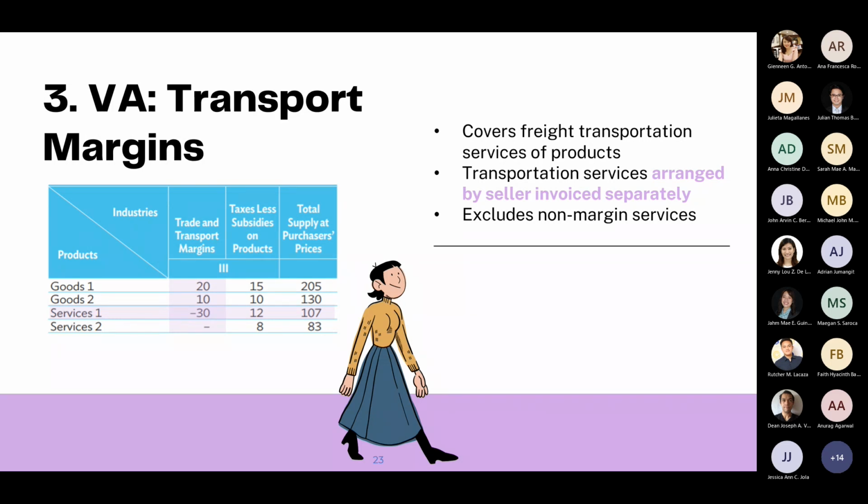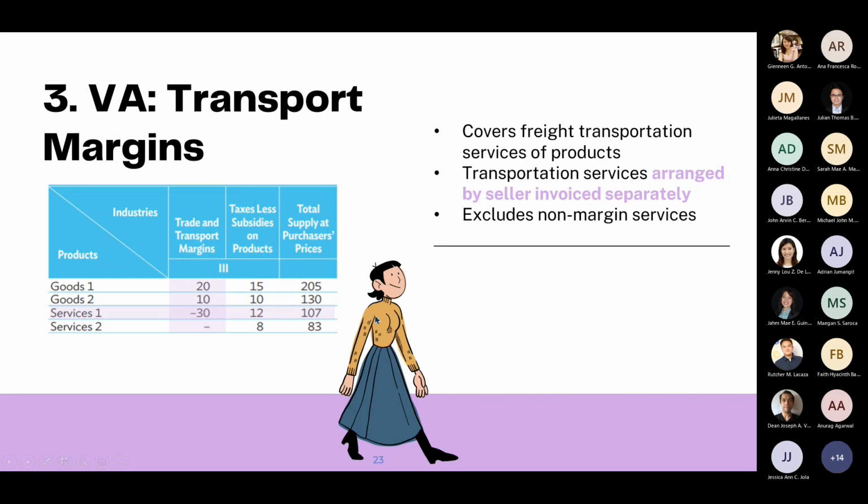Okay, and there are also domestic and import transport margins. Other types of potential margins that are actually not included, so these are non-margin services, would be transit transport, merchanting, and transport of used goods, waste, and scrap. So the same principle applies.